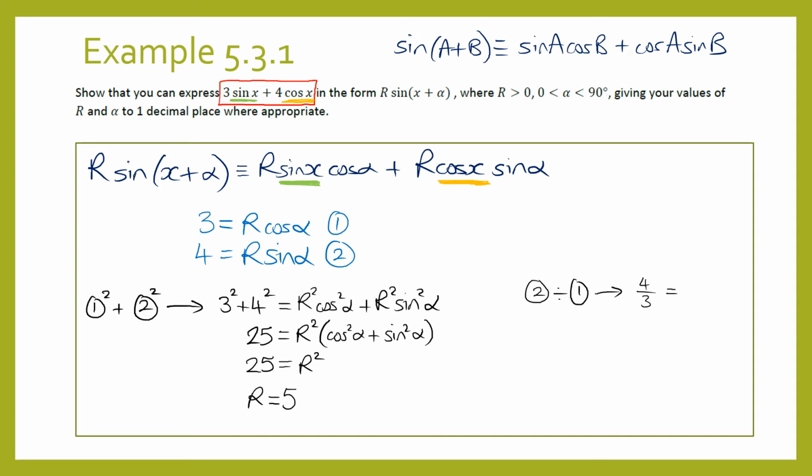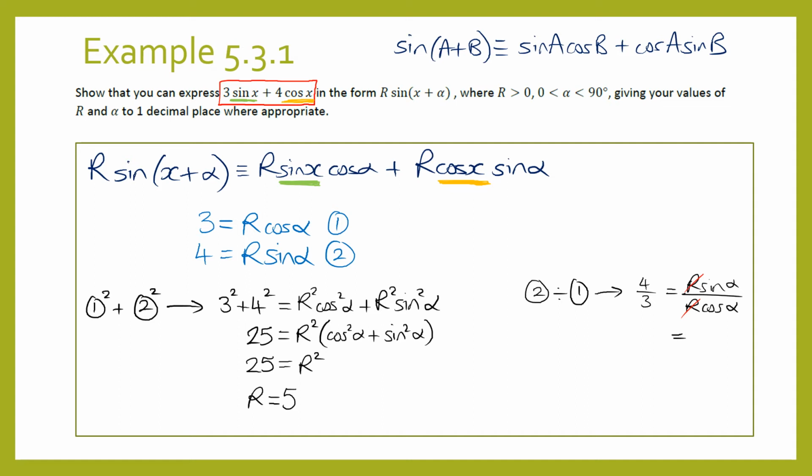And now the right-hand side is r sine alpha over r cos alpha. Notice we've got r divided by r, which is 1, so the r's cancel each other. And that's why this is a good method, because if r was wrong, then it's not going to matter.